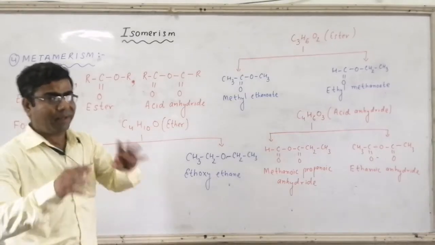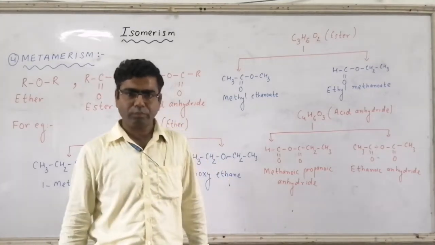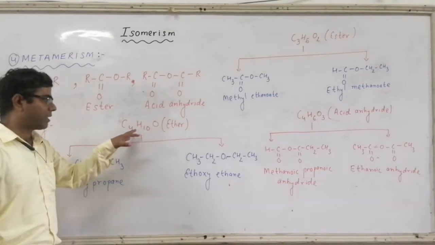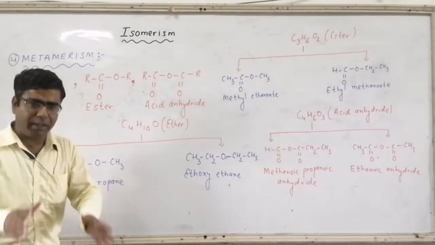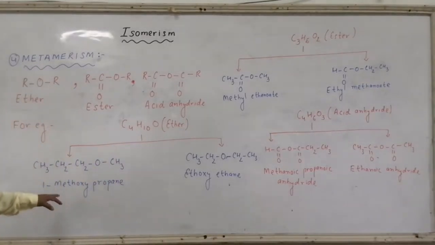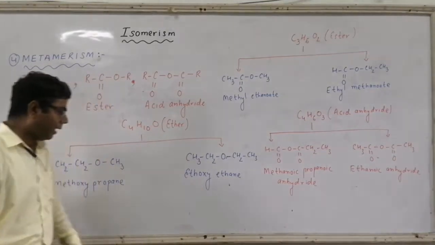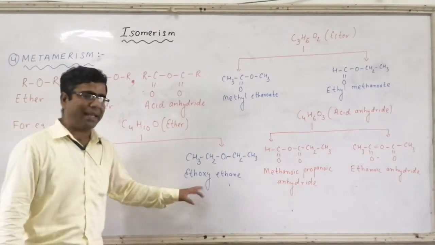We cannot repeat the structure in isomerism. So here we can say that for the molecular formula C4H10O, 2 metamers are possible for ether, and the metamers are 1-methoxypropane and ethoxyethane, or we can say 1-methoxypropane is the metamer of ethoxyethane.